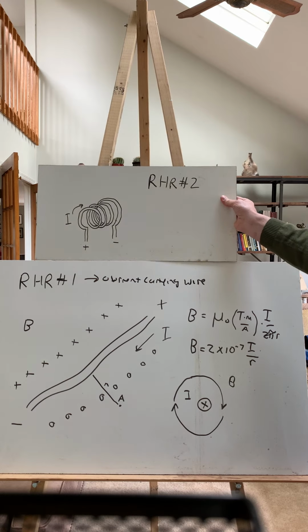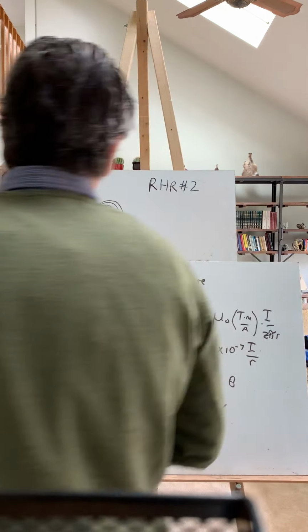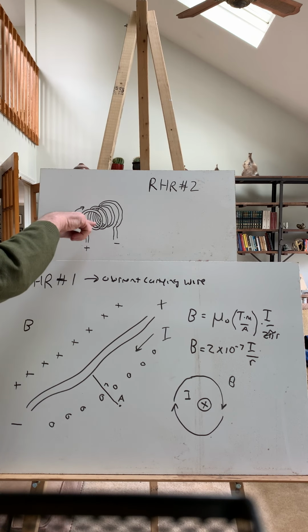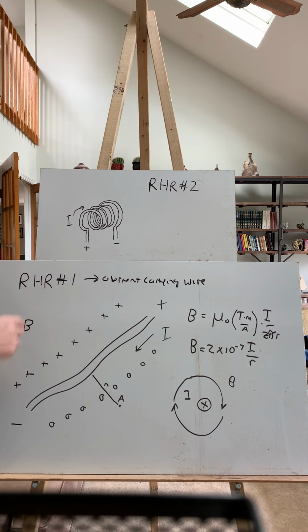Right-hand rule number 2 refers to the magnetic field that's formed inside loops or a solenoid. And it's pretty simple, but each of these loops is creating a magnetic field, and for each consecutive loop, the fields are going in the same direction, so they add together.